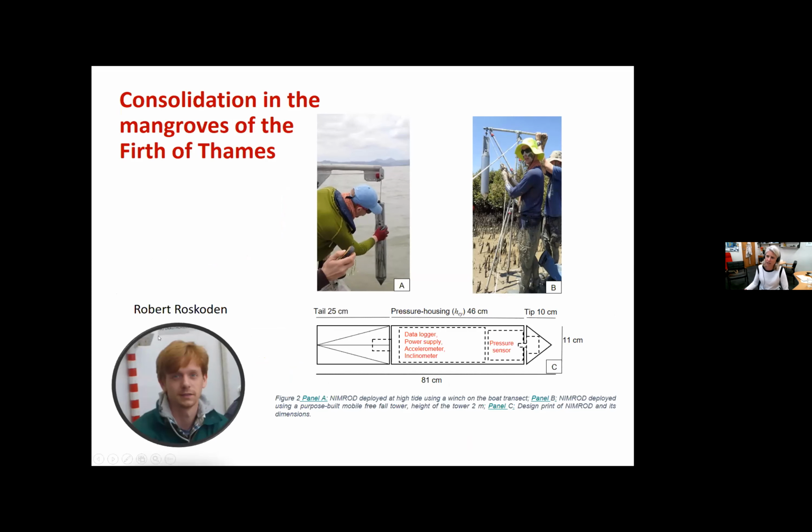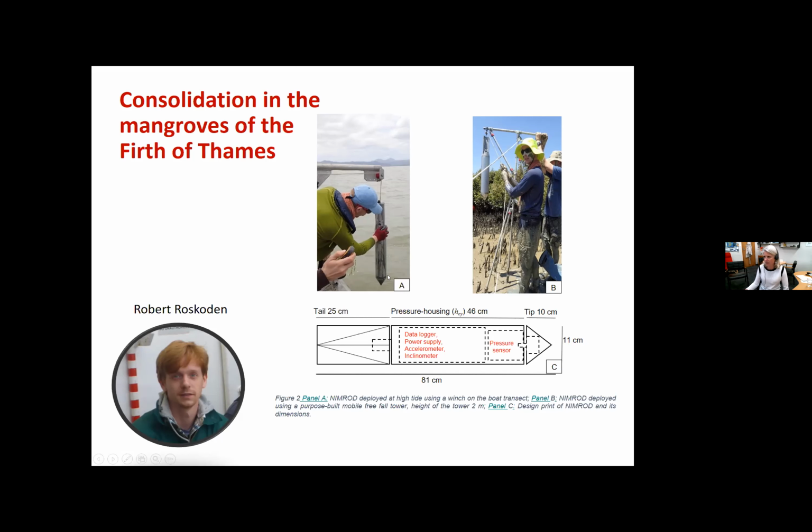So he comes from Akin Koff's lab, and they're engineering geologists that look at the stability and consolidation of seabed sediments. And they developed this device called Nimrod, which allows you to measure the pressure and the friction along the sides of this device when you drop it into the sediments. And from those measurements, you can work out what the consolidation is of the sediments.